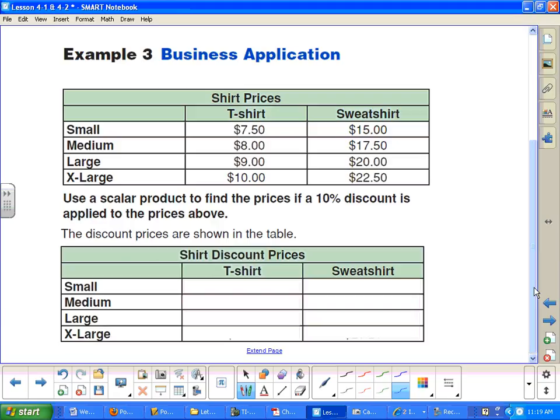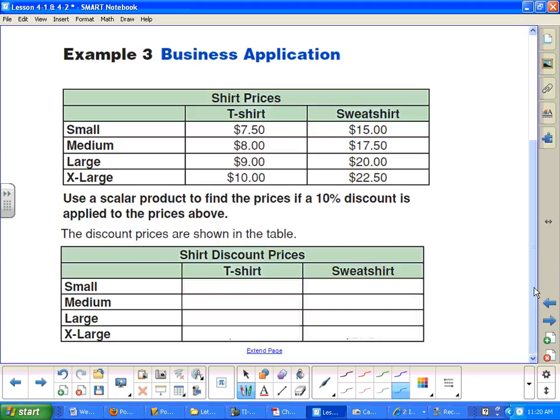They want us to use a scalar product to find the prices if a 10% discount is applied to the prices above. And I've actually just done this as a regular problem, not putting a matrix C in there. You can put a matrix C in here and use that. In this case, they're just asking us for those prices, so we can do it right in a table.